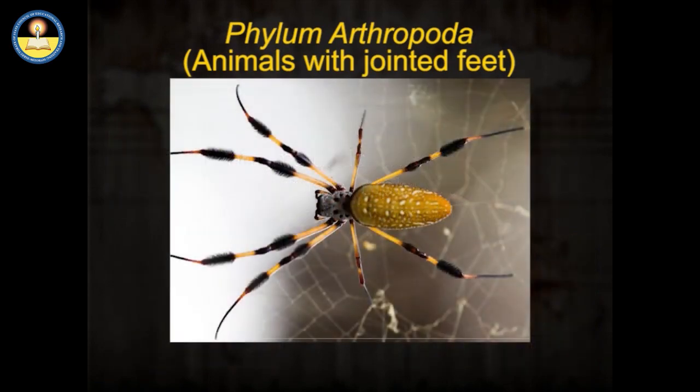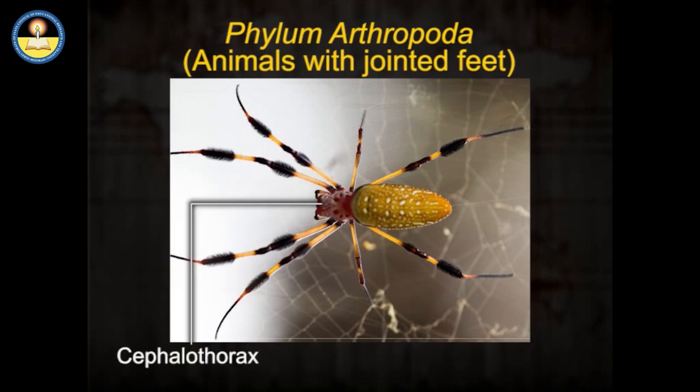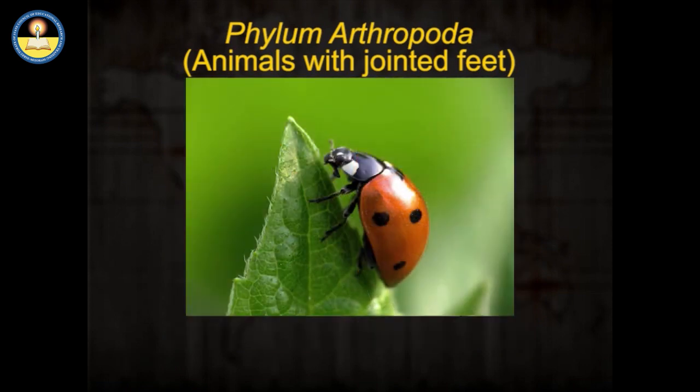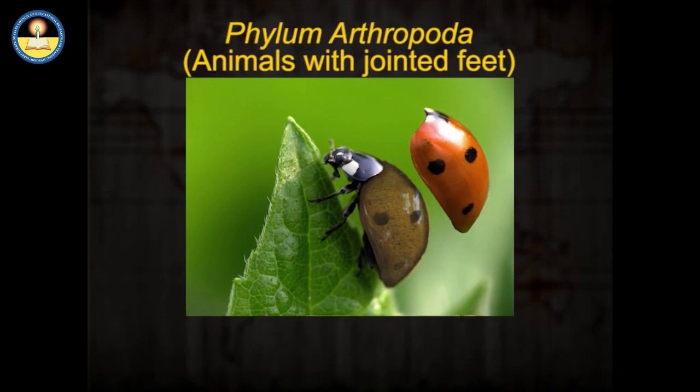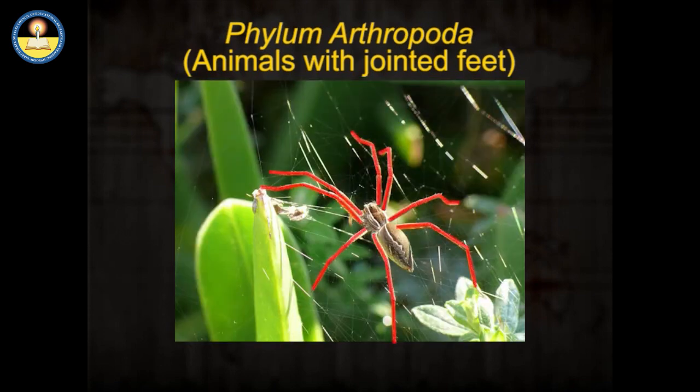The body is divided into two regions, cephalothorax, having head and thorax, and abdomen. The epidermis is covered by a strong polysaccharide called chitin. Paired and jointed appendages are present and may bear claws.